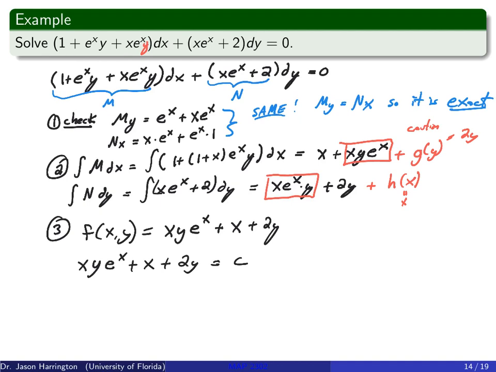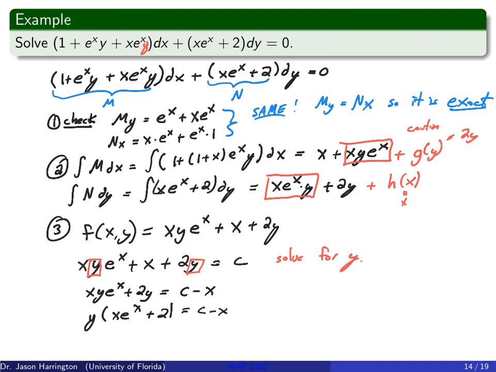Now in this case, we can actually solve for y pretty easily. So let's actually go ahead and do that. Solve for y. He's a nice little guy. Put him by himself here. So if I have x y e to the x plus 2y is equal to c minus x, I can factor out a y on the left-hand side now, and I'll have x e to the x plus 2 is equal to c minus x.